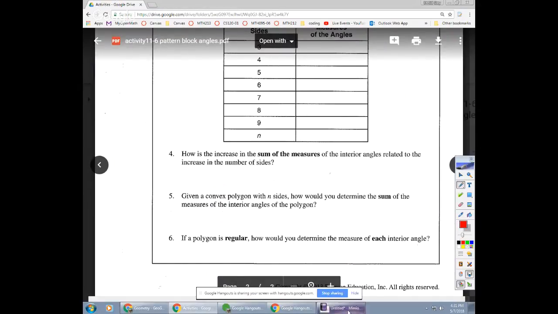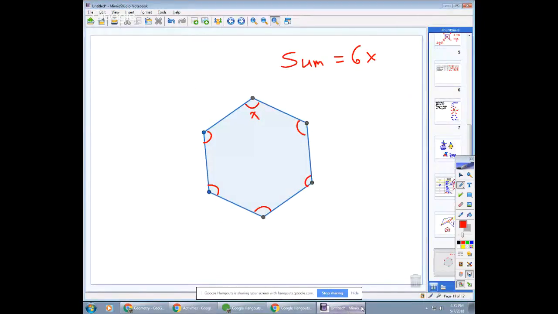Okay. We already have a formula for the sum that says it's going to be 180, in this case, times 6 minus 2, or 180 times 4. So putting those together, I know that 6x has to equal 180 times 4, which is 720.